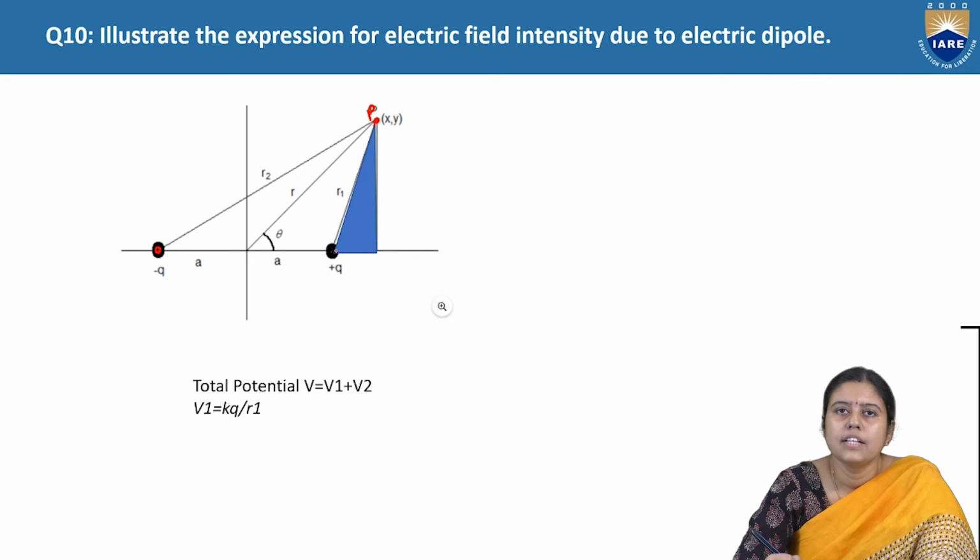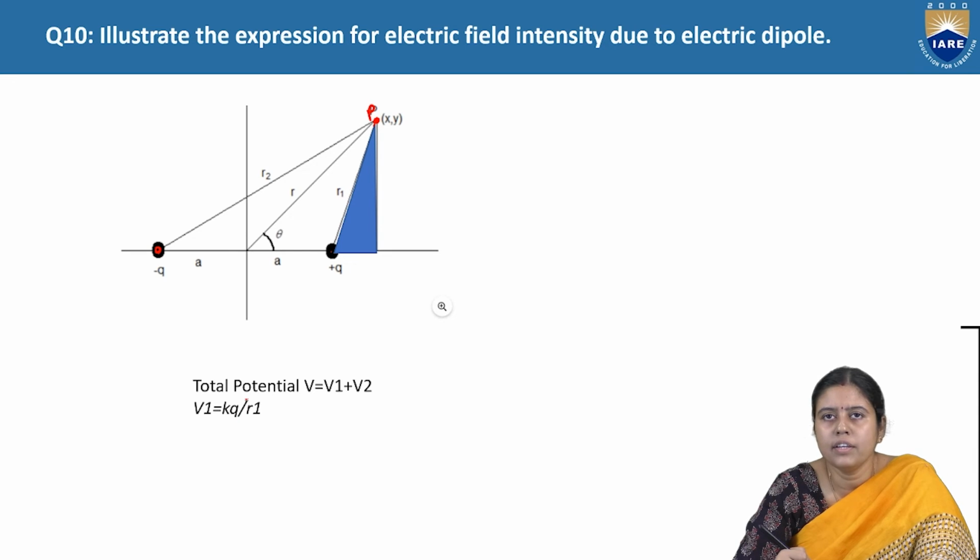What is voltage? It is the work done to take a unit charge from one point to another point. So the distance is R1, K into Q by R1.